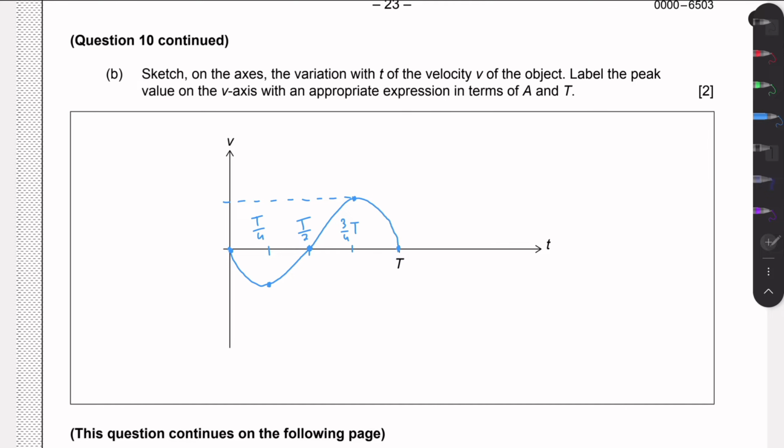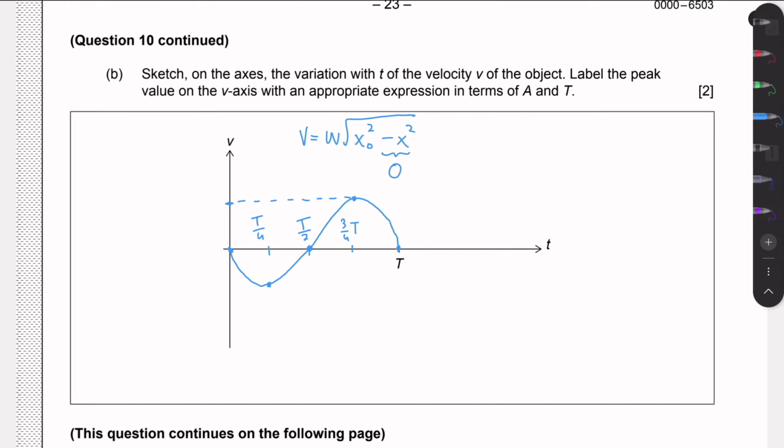Now we just need to label this maximum velocity. If we look in our data booklet, the velocity of an oscillation can be given with this relationship, v = omega times the square root of x0 squared minus x squared, where x0 is our maximum displacement and x is the displacement at which we want to know our speed. When this displacement is x0, then this whole thing will be 0 and we'll have a speed of 0.